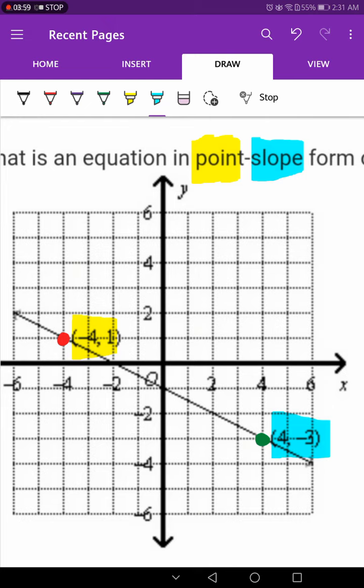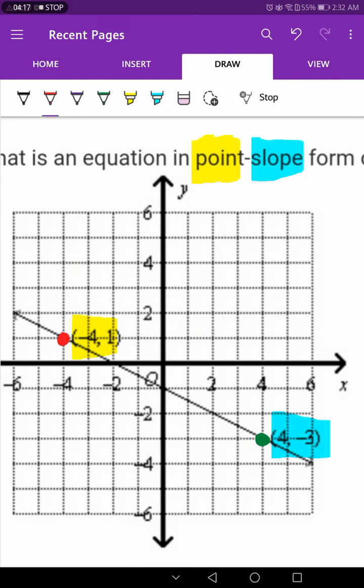Okay, and you know how to find the slope from the graph. You select two nice points and find the slope, rise over run. Actually I have 2 nice points. I can get the slope from here.